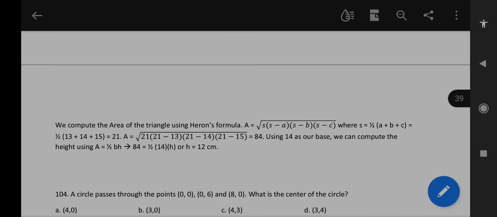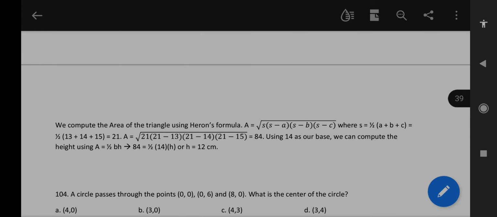So, semi-perimeter, ang ating S is 1/2 ng A plus B plus C. Kaya, makuha mo dyan yung 1/2 ng 13 plus 14 plus 15 na given, magiging 21 yung S mo. Therefore, square root siya ng 21 na minultiply sa 21 minus 13, na minultiply sa 21 minus 14, tapos 21 minus 15 equals daw sa 84.